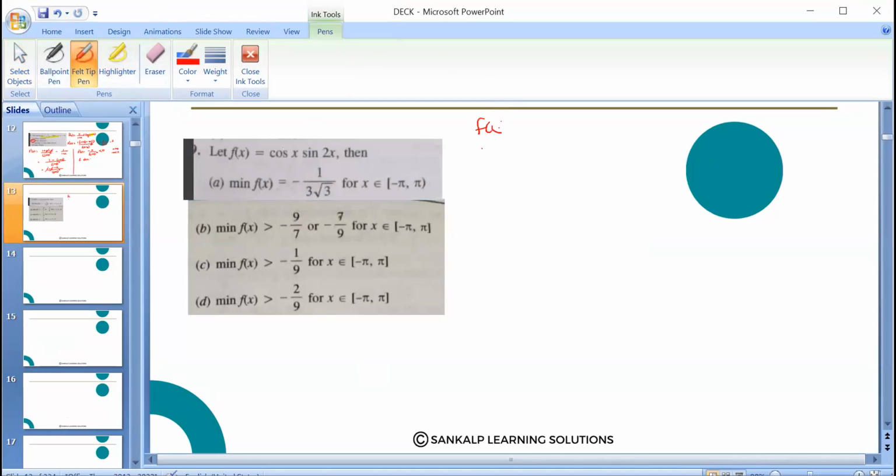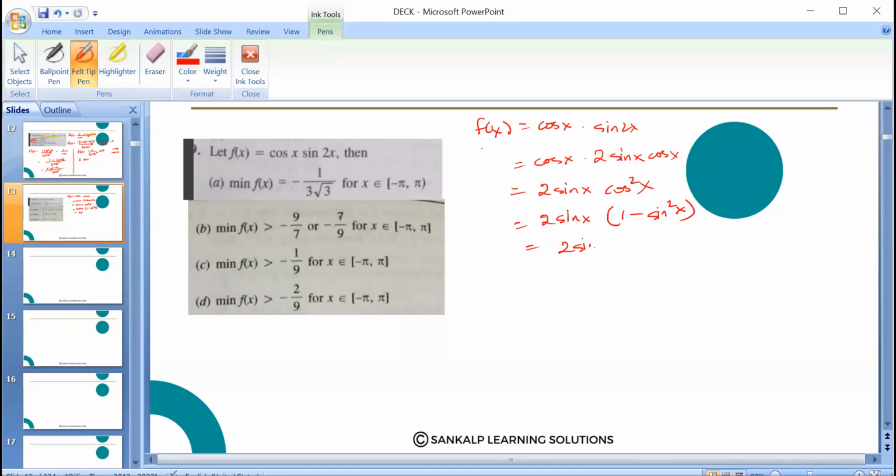First of all, the function cos x into sin 2x we will simplify. Sin 2x I will write as 2 sin x cos x. So the function becomes 2 sin x into cos square x. Now cos square x I will write as 1 minus sin square x. So it is 2 sin x minus 2 sin cube x.